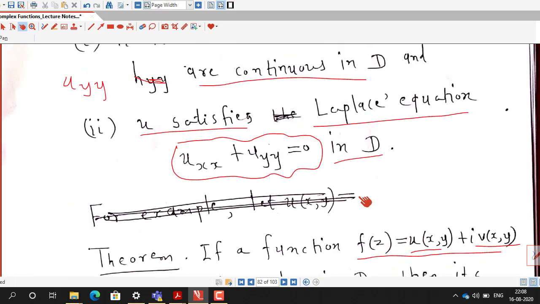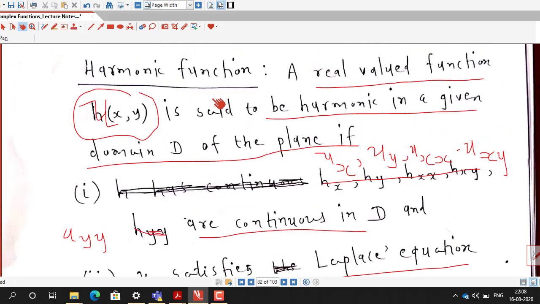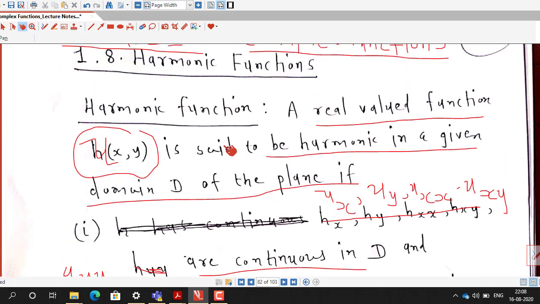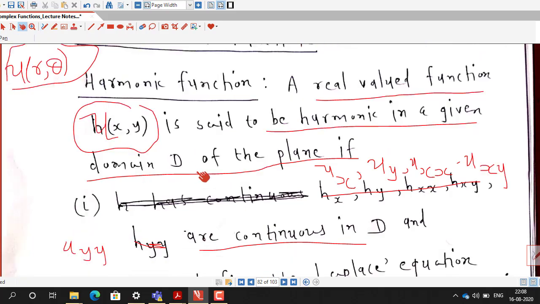Similarly, we can have the definition of harmonic function in terms of polar coordinates also. If we use x equal to r cos theta and y equal to r sin theta, then u will be a function of r and theta. If we replace x by r cos theta and y by r sin theta, then u will be converted into a function of r and theta. So we can write the same definition in terms of r and theta.